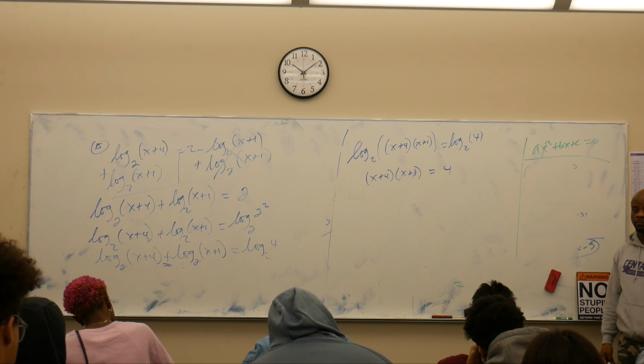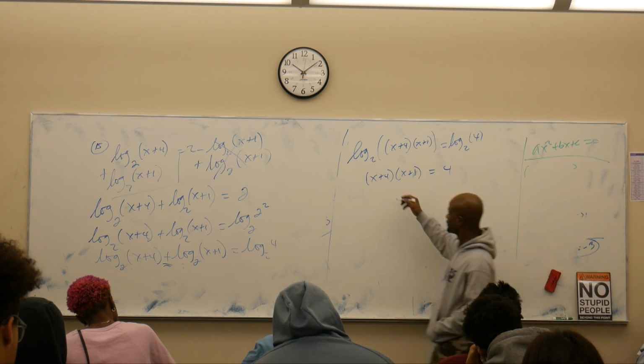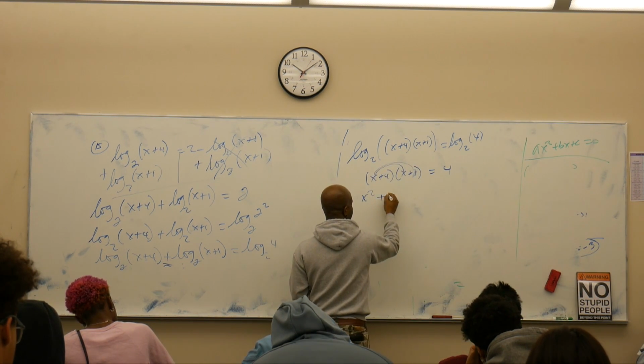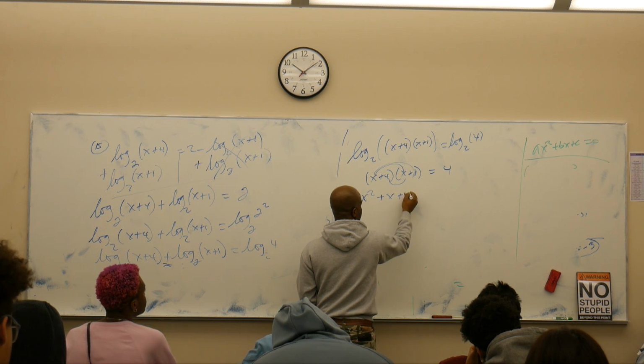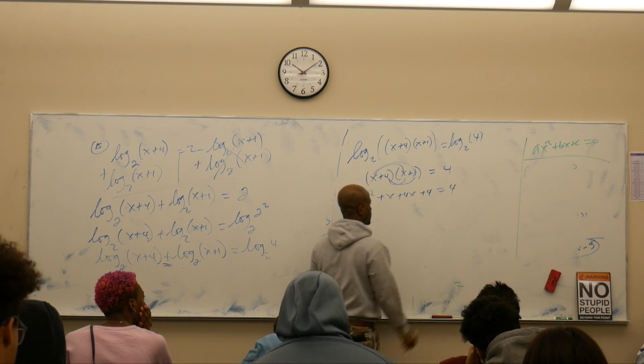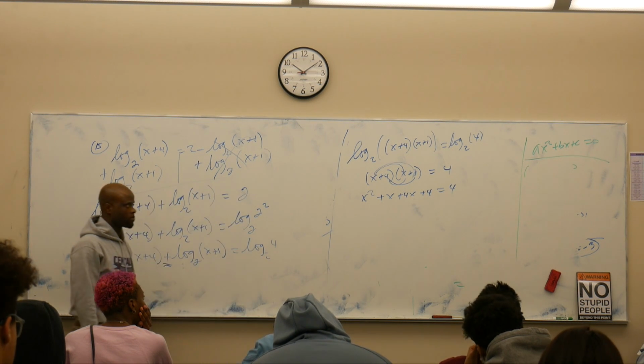Now what? Okay. So x squared plus x plus 4x plus 4 is equal to 4.